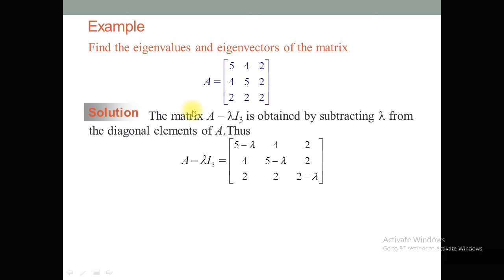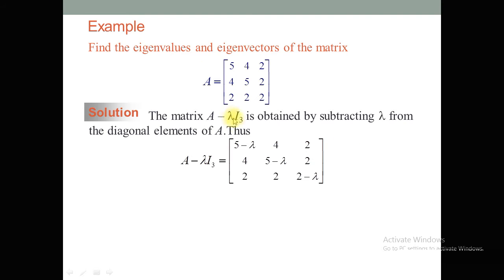Now the matrix A minus lambda I3 is obtained by subtracting lambda from the diagonal elements of A. This means that first of all, multiply lambda with the identity matrix 1 0 0, 0 1 0 and 0 0 1. This is the identity matrix of order 3.